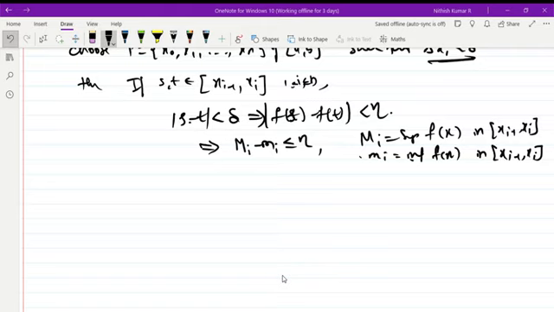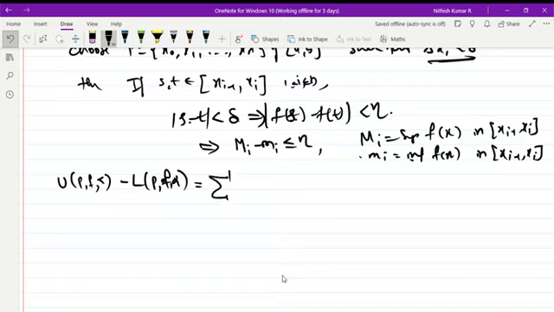So now calculate what is UPf alpha minus LPf alpha. It is enough to prove that this difference is less than epsilon to say my f satisfies the Riemann criterion for integrability. Now what is UPf alpha?